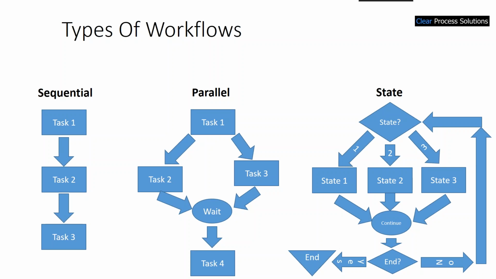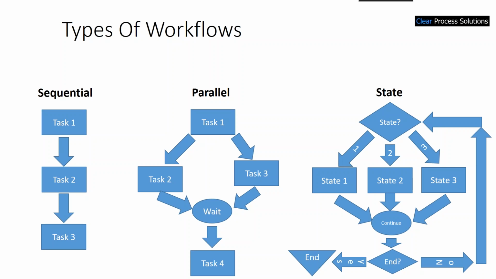And then lastly, with the parallel, you always have it coming back together to end your workflow, to end your process. Maybe task 4 is the last task in our system, for the originator to review this information in your ERP system, maybe SAP or JD Edwards, some type of system, to verify that everything looks like it was set up correctly.